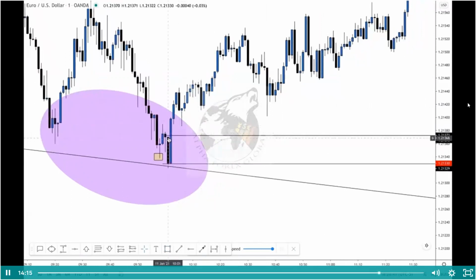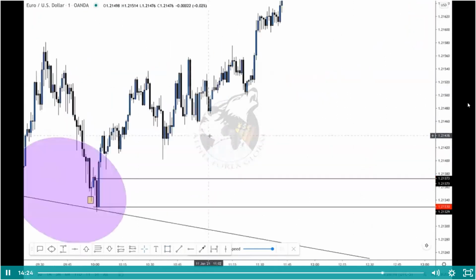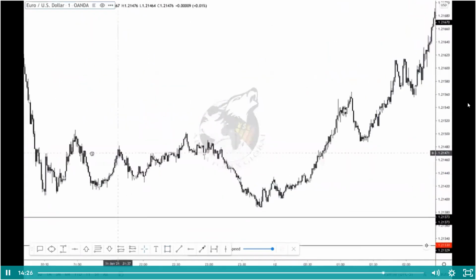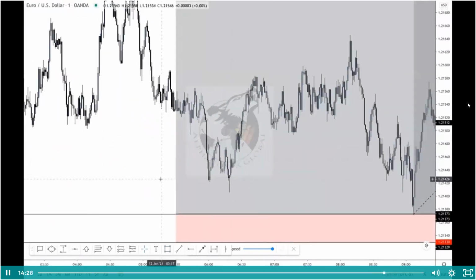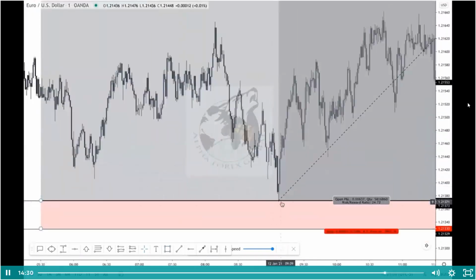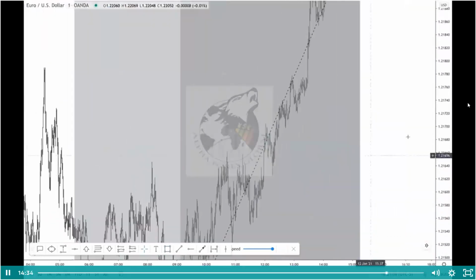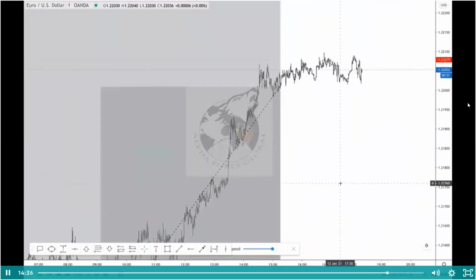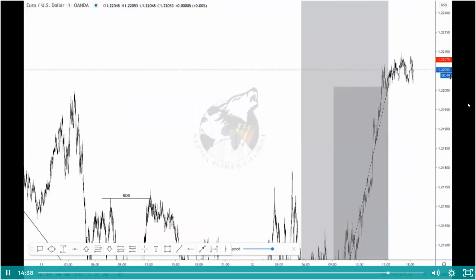So this right now would be my entry once price taps back to collect, to close their orders on this order block right here. That would be my entry. And notice how price came back and tapped the 0% and then went off. We're currently at about 70 pips in profit.